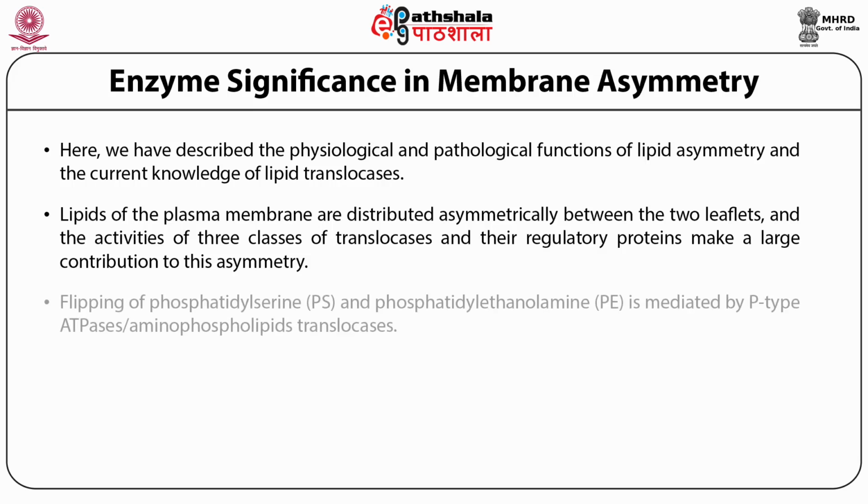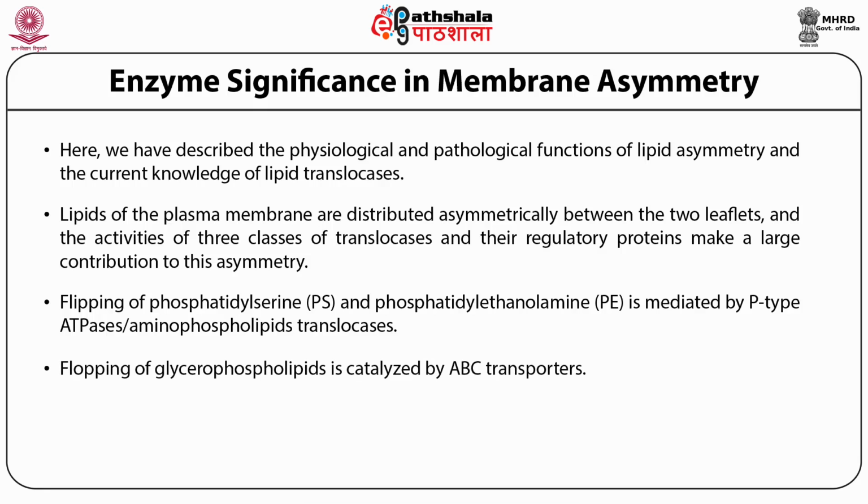For example, flipping of phosphatidylserine and phosphatidylethanolamine is mediated by P-type ATPase, also known as aminophospholipid translocase. The floppase of glycolipids is catalyzed by ABC transporters. The scramblase randomizes and collapses the asymmetry of the membrane by randomly transporting some lipids between the two layers of the plasma membrane.